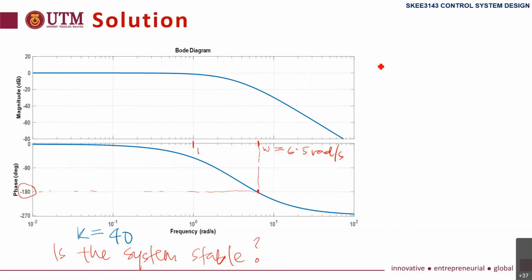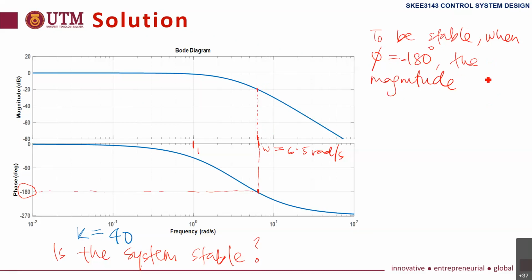Then we go up at the same frequency and check the magnitude. To be stable, when the phase is minus 180 degrees, the magnitude is less than 0 dB, or negative.